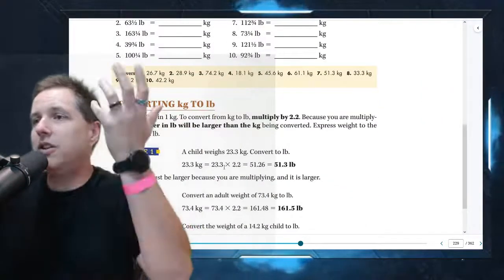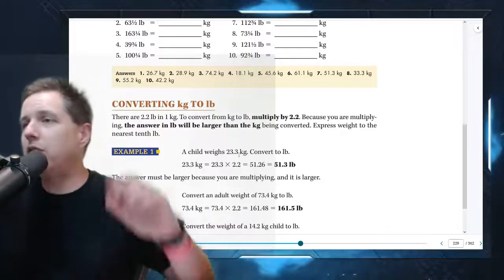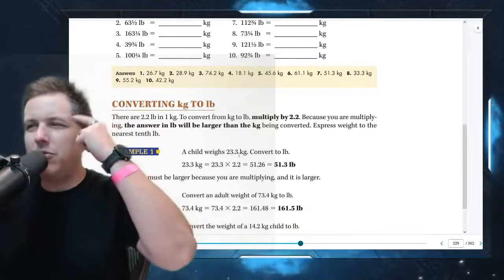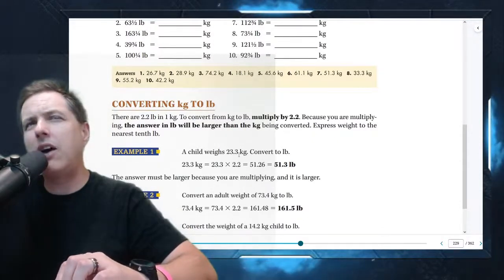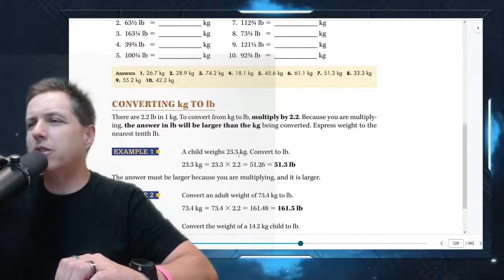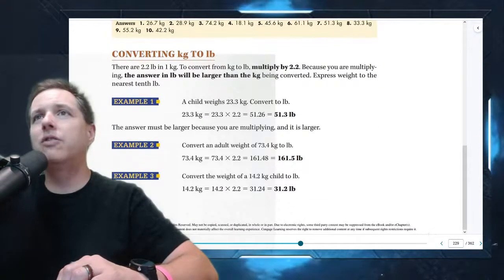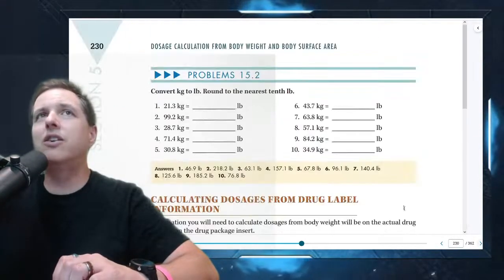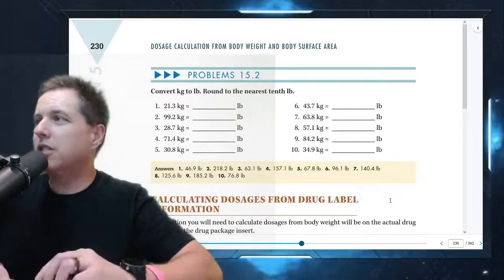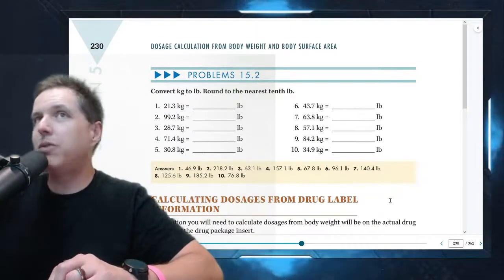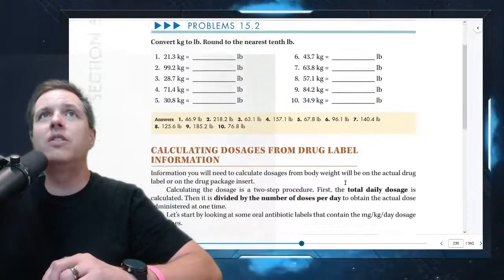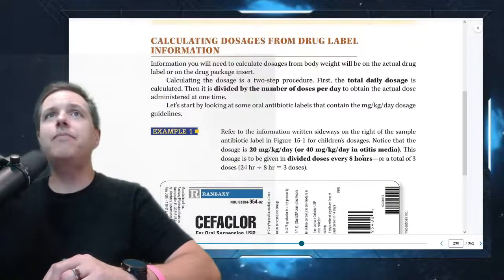That's all there is to it, pounds and kilograms. 2.2 is the magic number, and then you just reason out, should this be getting bigger or smaller? That tells you if you're multiplying or dividing. So there's no magic there. There's no secret. So those homework assignments should be pretty straightforward. You just use a calculator, multiply or divide by 2.2 in the correct way.